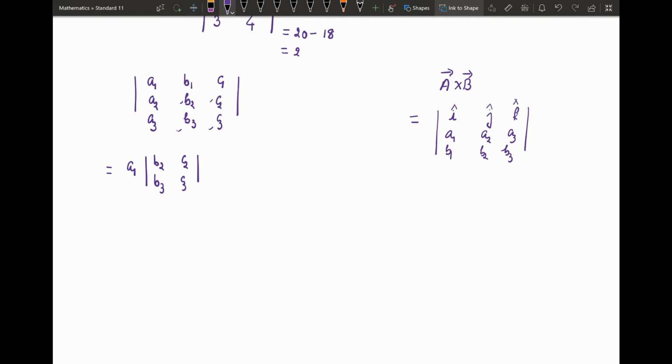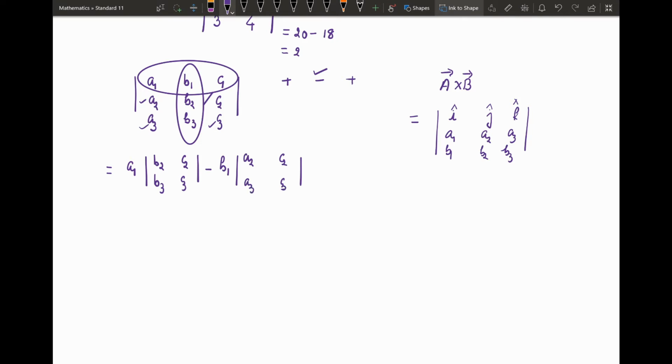Now you have to expand using the signs plus, minus, plus. So for the second entry we will take minus B1 into a 2 by 2 determinant. Which 2 by 2 determinant? Again leave the column and row in which B1 lies. The remaining entries will form the 2 by 2 determinant A2, C2, A3, C3.